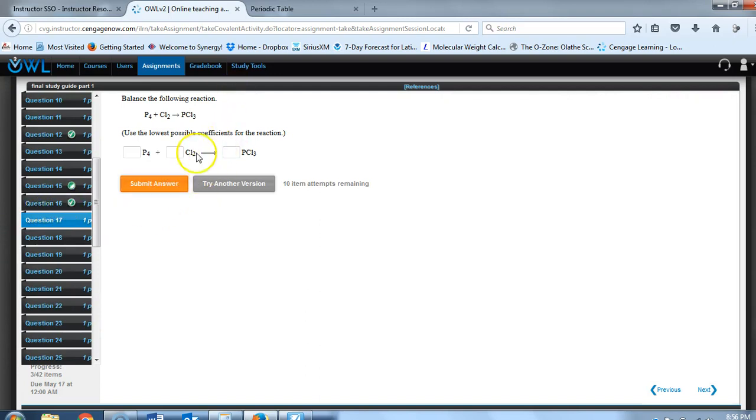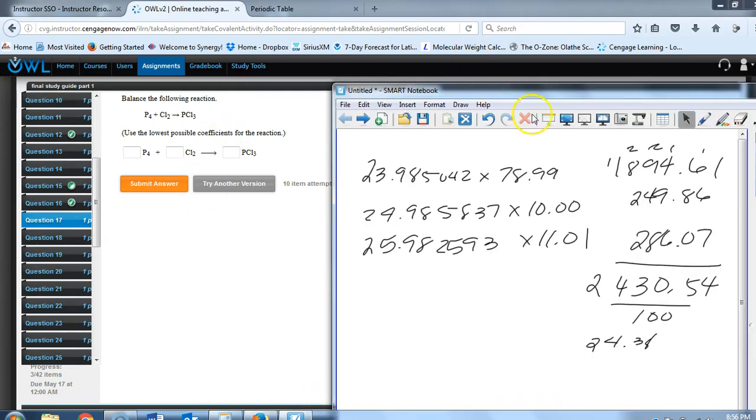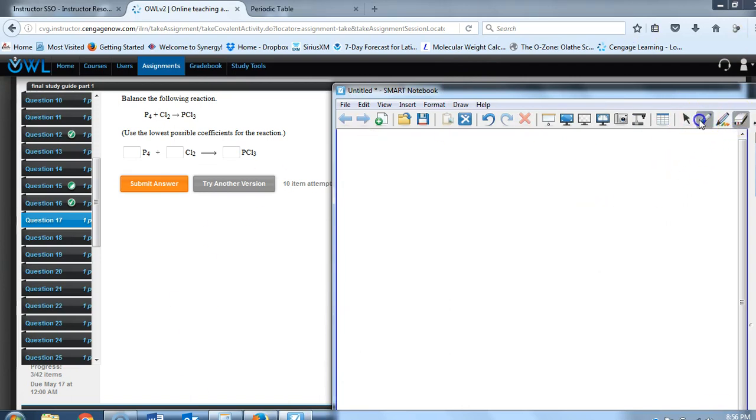Balance the following equation. P4 plus Cl2 gives us PCl3. We have 4 P's on this side, 1 on this side. 2 chlorines over there, 3 over there.